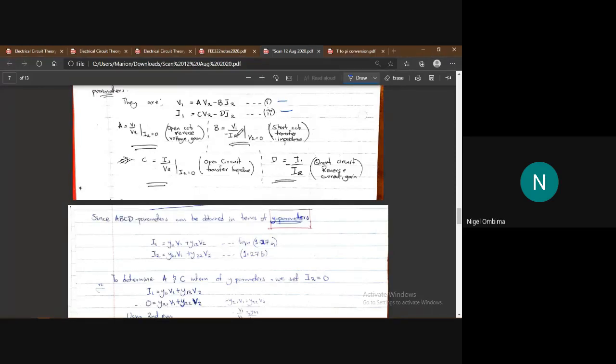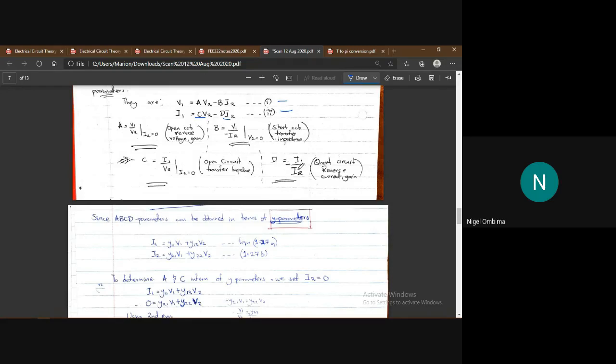That's just reverse voltage gain. And B, because V2 will be 0 now, itakuwa V1 over negative I2 is equals to B. This is a short circuit transfer impedance. And then for C, I2 itakuwa 0, so here itakuwa I1 over V2 is equals to C, whereby I2 is 0 now. This is open circuit transfer impedance.